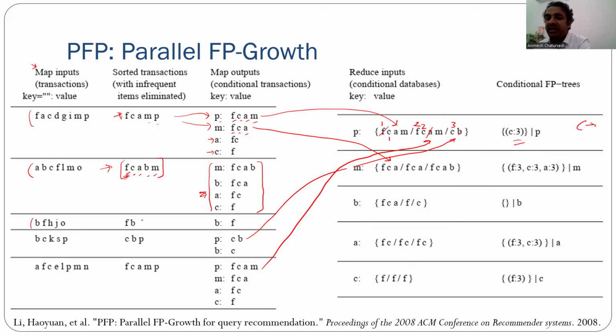This will create C implies P as the rule. Here, F, C, and A are all appearing three times, so it will create rules like F implies M, C implies M, and A implies M. And so on. You will calculate this in the same way.